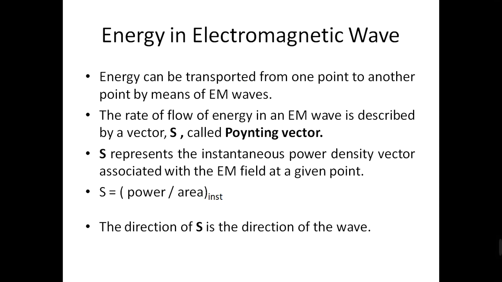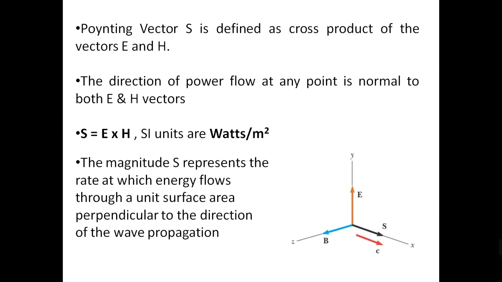The direction of the Poynting vector is the direction of the wave, and it can also be defined as the cross product of the electric field and magnetic field vectors. The direction of power flow at any point is normal to both the electric field and magnetic field vectors.